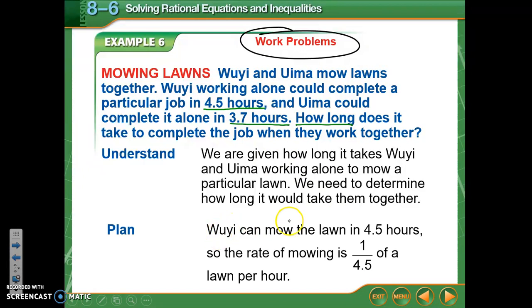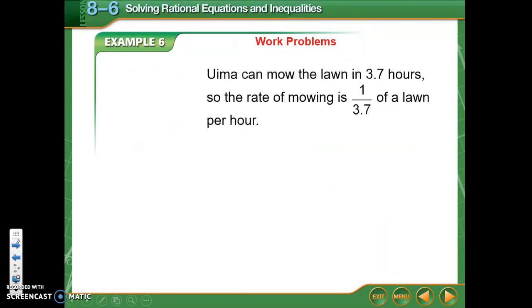So we know that Wui, if that's how you say his name, can mow the lawn in 4.5 hours. So his rate is 1 lawn per 4.5 hours, right? He does 1 lawn in 4.5 hours. So that's his rate. Uima has a different rate. She can mow 1 lawn in 3.7 hours. So that's her rate.